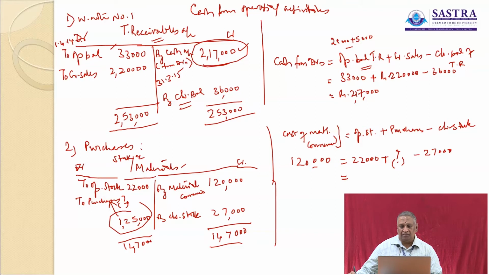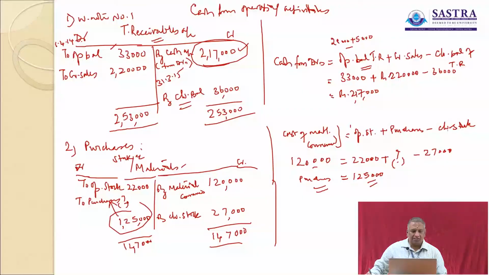By simplifying the equation, by adding 1,20,000 with closing stock, you can calculate. If you simplify the equation and take out purchases, it will be rupees 1,25,000.